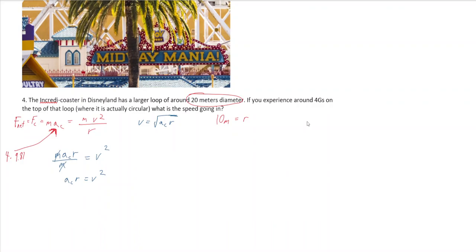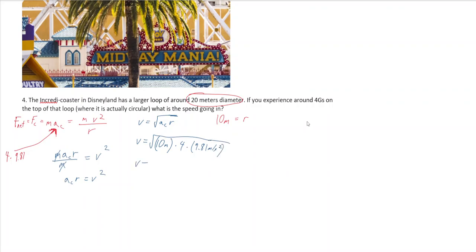Okay, so now that we have all that, we can plug this in. So 10 as a radius, and then times 4 times 9.81 meters per second squared, because it's 4 times a g.